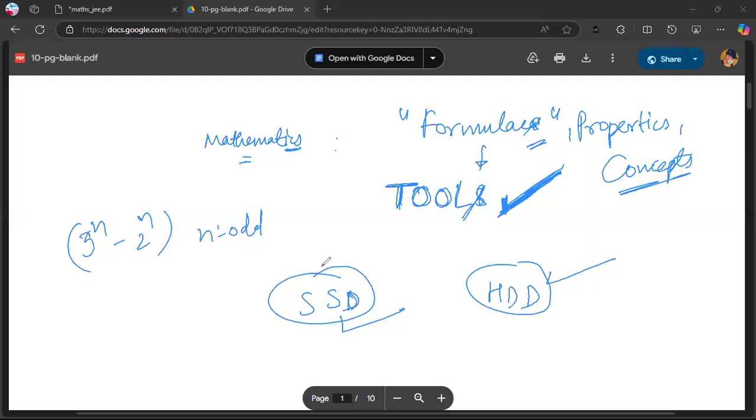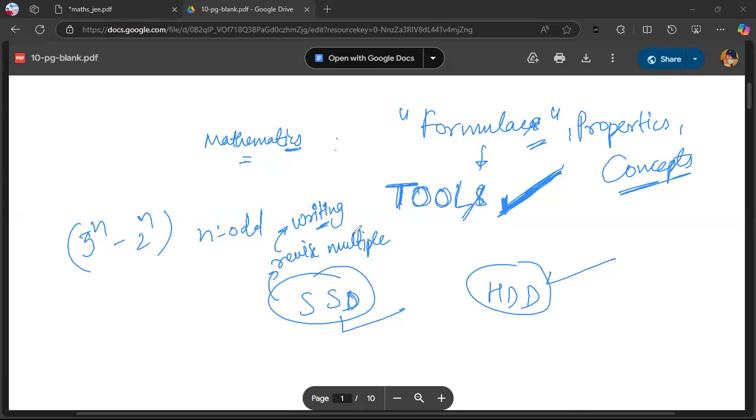So for bringing the formulas and concepts into your SSD, so that you can remember them quickly, you have to revise multiple times, by writing again and again. Need to focus on this very much.